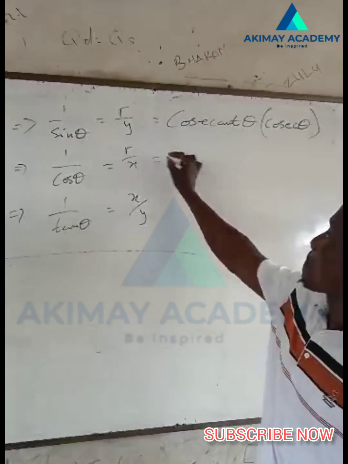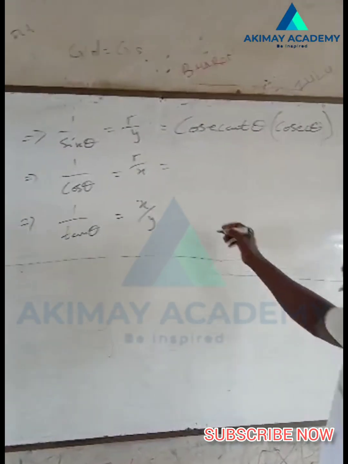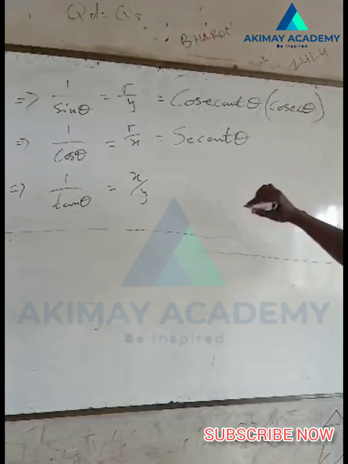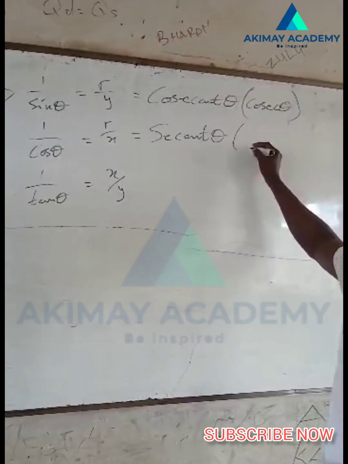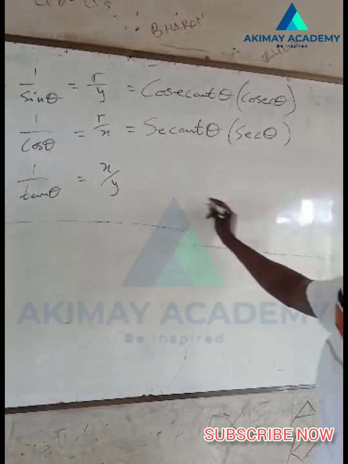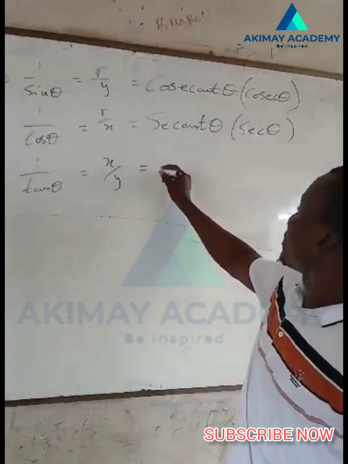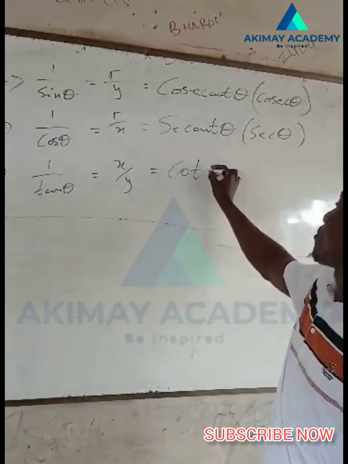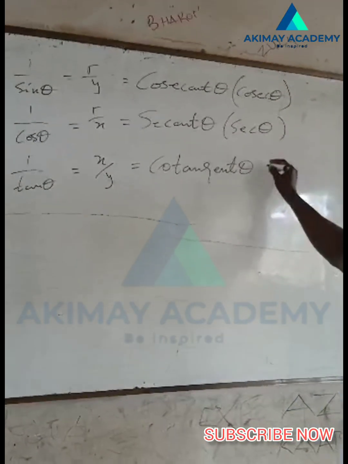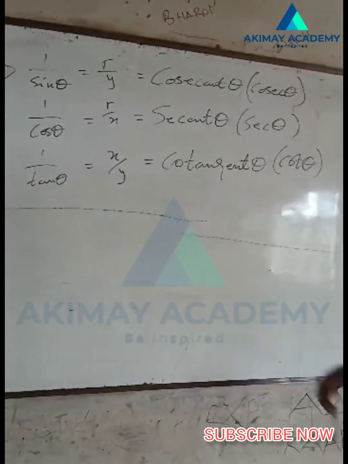In the same way, 1 out of cos theta has a special name as well, which is secant theta. And in short, we have sec theta. Okay? And if we come to 1 out of tan, we call it cotangent theta, and we shorten it as cot theta. So that's what we have.